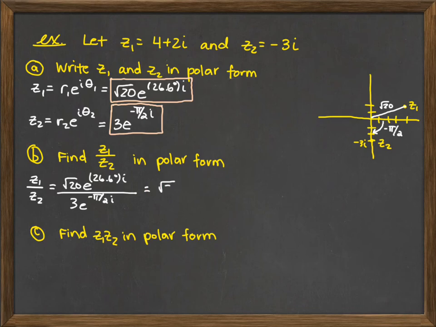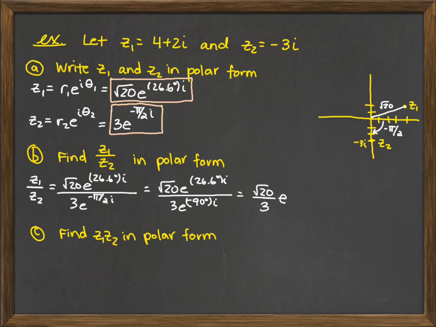So I'm going to change this to square root of 20 e to the 26.6 degrees i, and on the bottom, I'm going to change this to 3 e to the negative 90 degrees i. So here we go. First thing I do is just divide the coefficients for each of these terms.